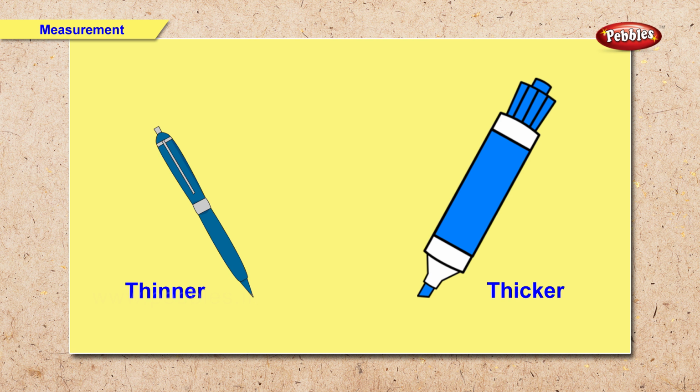Now we have a pen and a marker. So now you tell me which object is thicker and which object is thinner. Right, a marker is thicker and a pen is thinner.